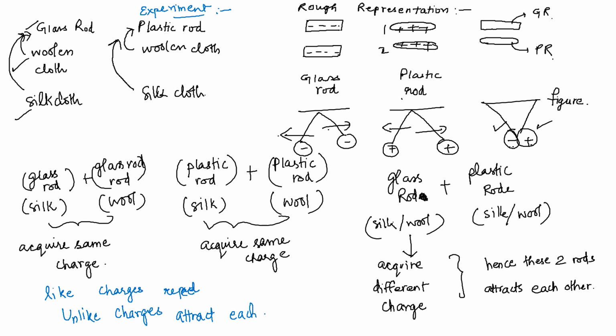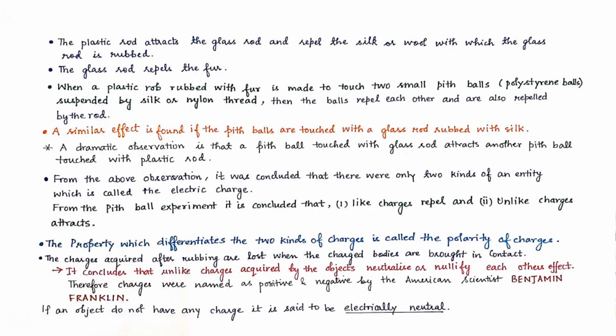Further, we will keep on doing experimentation to know the type of charges and why there is attraction or repulsion, so forth. So here see, the plastic rod attracts the glass rod and repels the silk or wool with which the glass rod is rubbed.